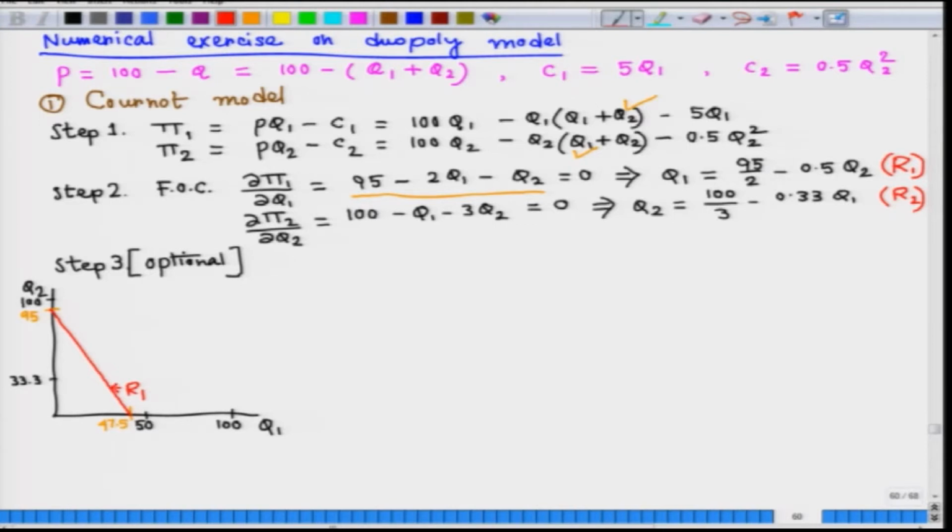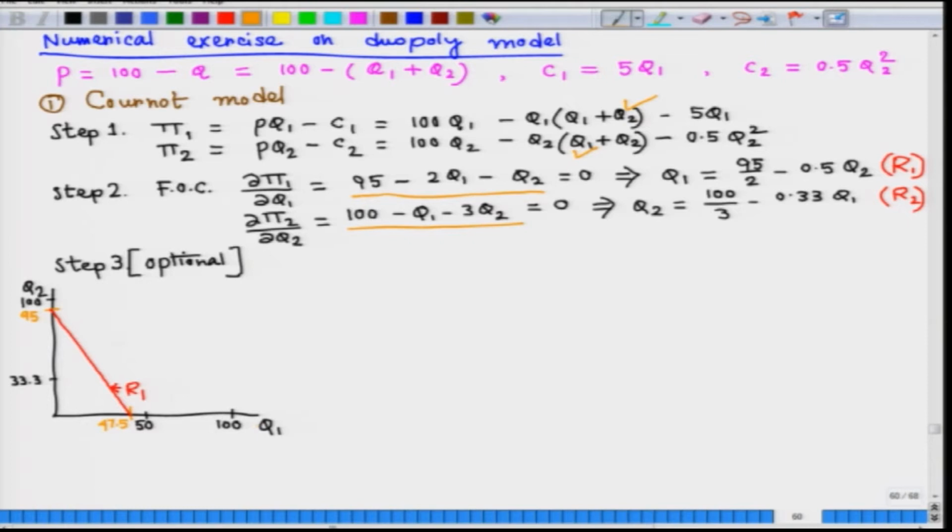Okay. So, now to find the reaction function of duopolist 2, we follow the same procedure. We now have a look at the reaction function 2, which comes from this first order condition, and if I now assume q2 equal to 0, then I get q1 equal to 100, and if I assume q1 equal to 0, then I get q2 equal to 33.3.